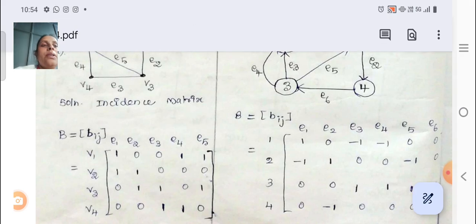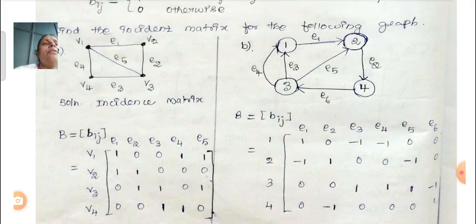Next, for the second graph some directions are given. In this directed case, for the outgoing edge we mention -1, otherwise it is +1. Here the vertices are named 1 2 3 4, and the edges E1 E2 E3 E4.